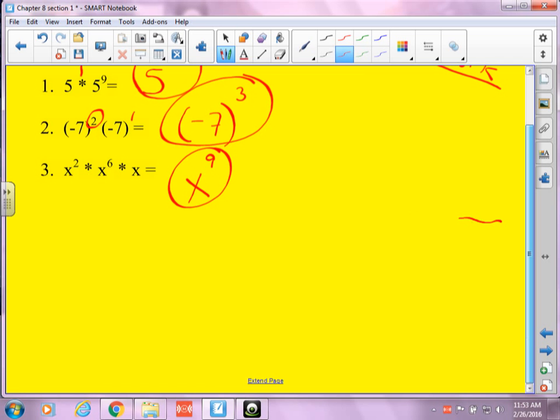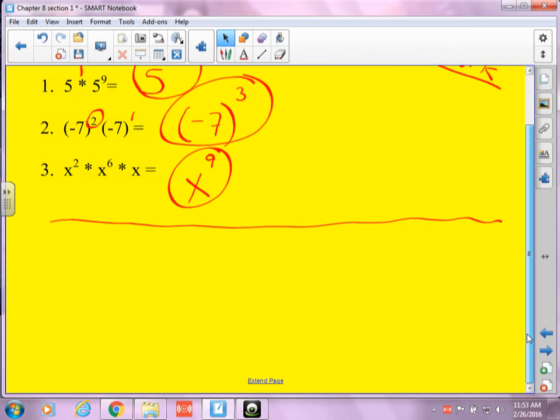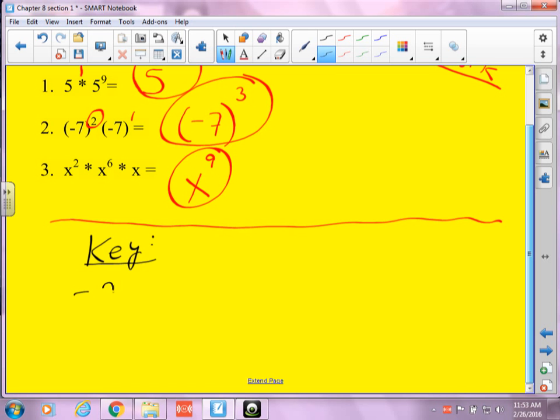Now, I'm going to go off to the side, and I want you to write something down. This is key for when we use exponents. If I have -2 squared, and I have (-2) in parentheses squared, they mean 2 different things. Kids mess up on this all the time.